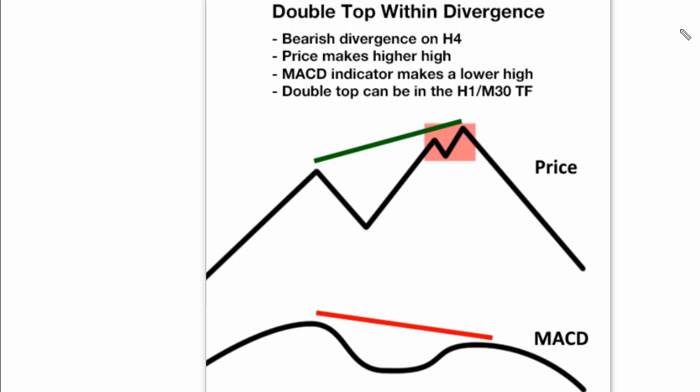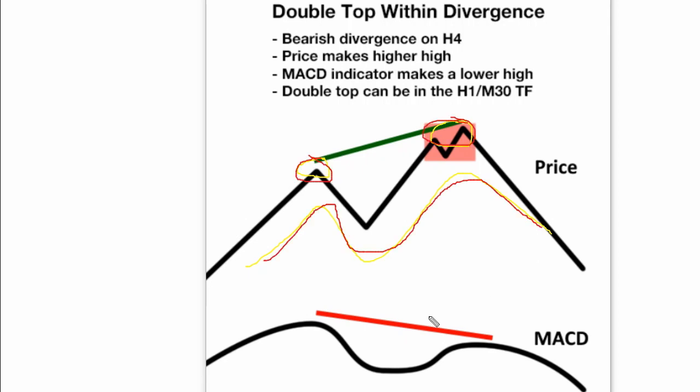What actually happens in a double top, as we can see, whenever the price is moving in this zigzag formation, we get one top at this point and a second top at this point, and if we connect both the swing highs, we get a trend line, and we can see the trend line is moving up because the second high is greater than the previous high.